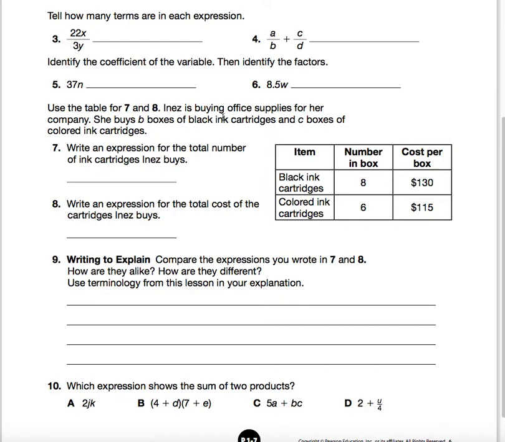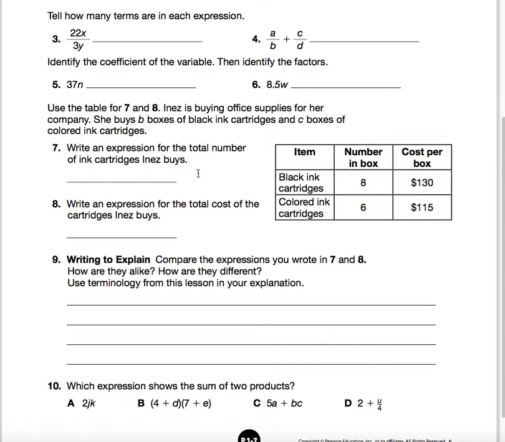Inez is buying office supplies for her company. She buys B boxes of black ink cartridges and C boxes of colored ink cartridges. Write an expression for the total number of ink cartridges Inez buys.